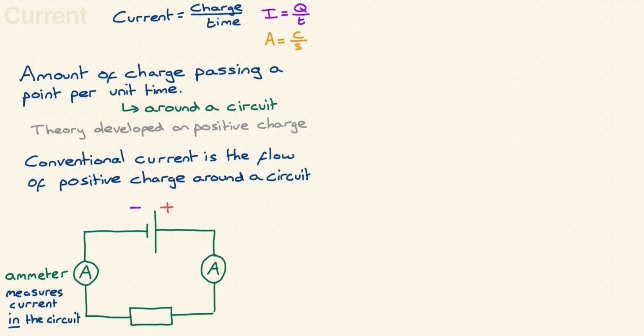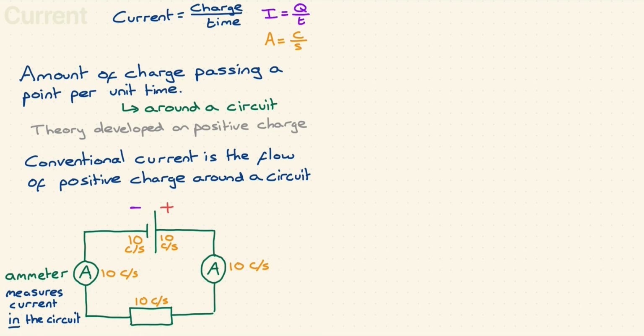If we say that we have 10 coulombs leaving the cell every second, then we will have 10 coulombs passing this ammeter every second, and 10 coulombs passing the resistor every second, and 10 coulombs passing the other ammeter every second, and 10 coulombs reaching the cell every second.